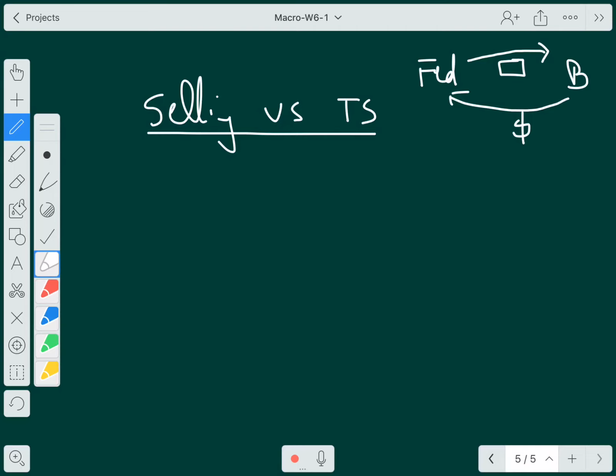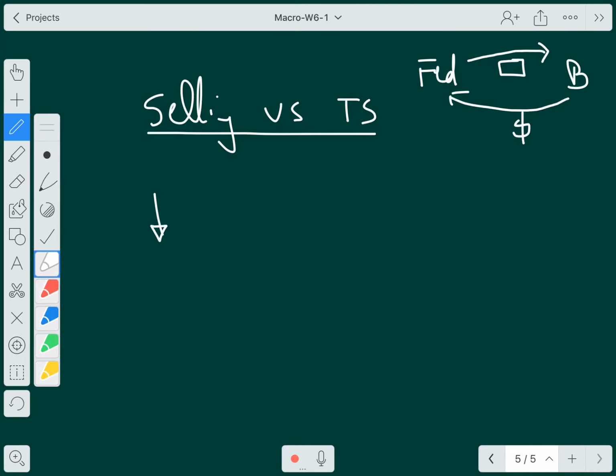So in this situation, the Federal Open Market Committee would be doing an operation of selling, and the selling of US Treasury securities basically means that you are kind of taking the money out of these banks.